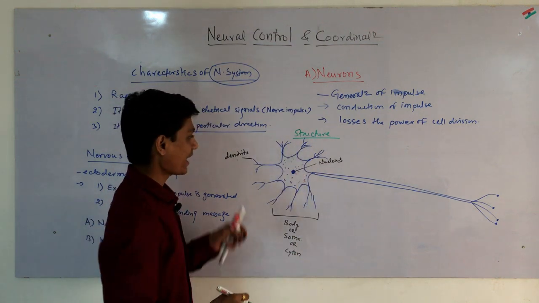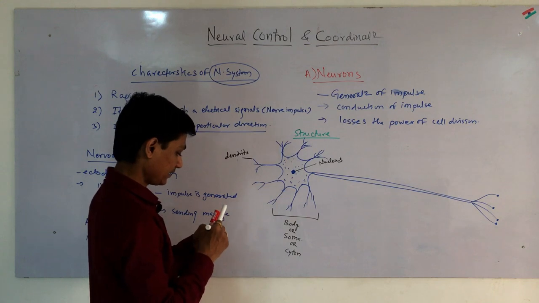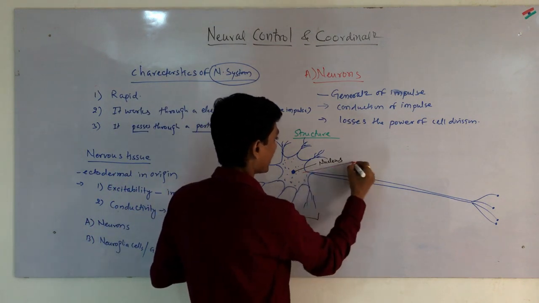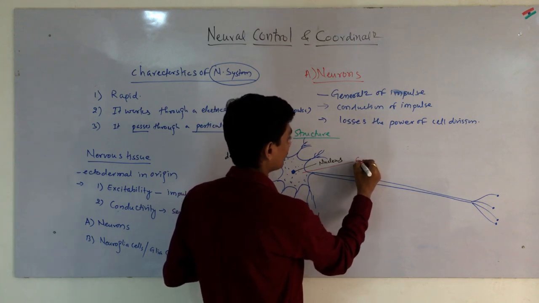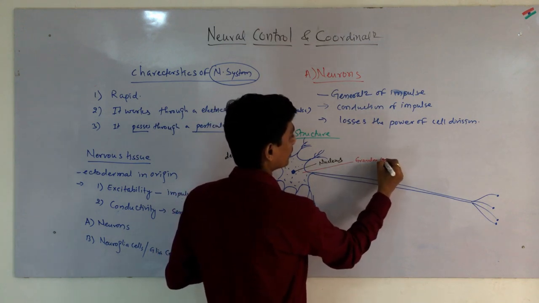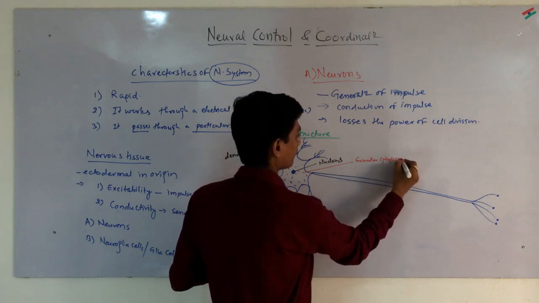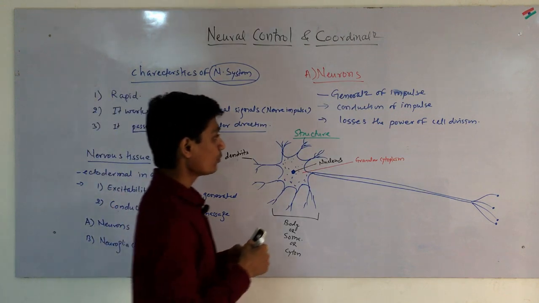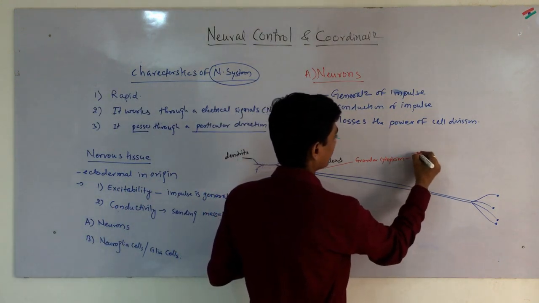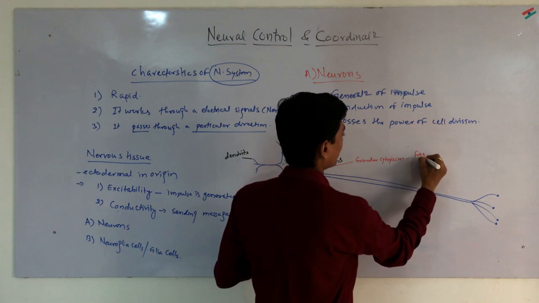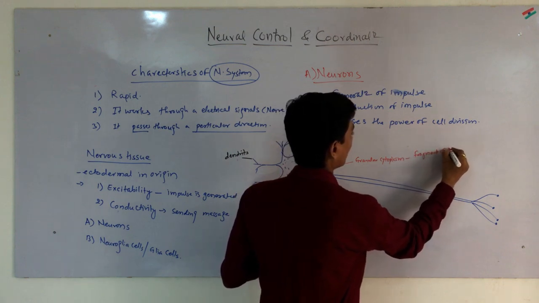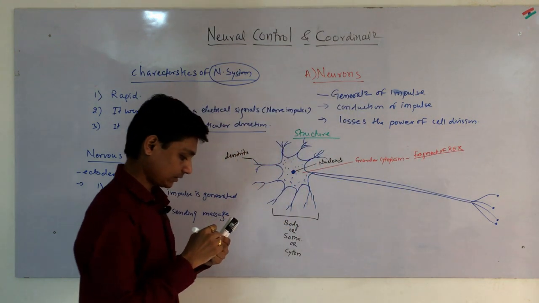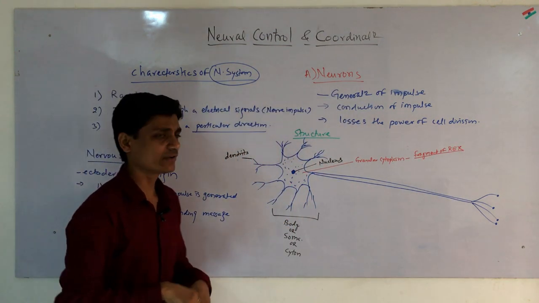There the nucleus and cytoplasm are present, and the cytoplasm of this body of the neuron is granular cytoplasm. The cytoplasm is granular due to the presence of fragments of RER, rough endoplasmic reticulum.